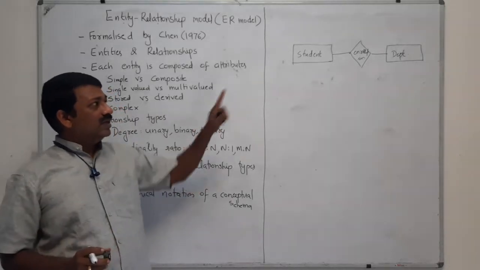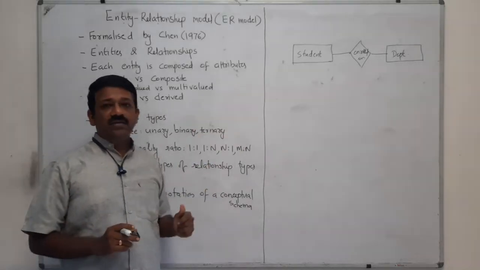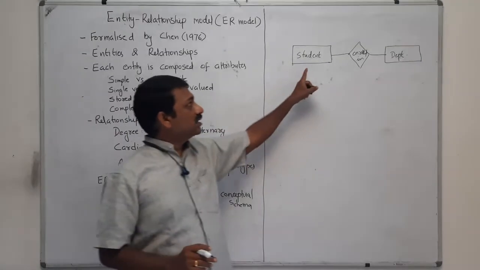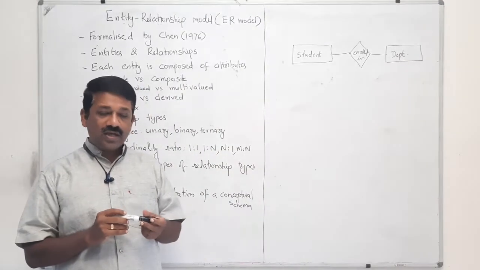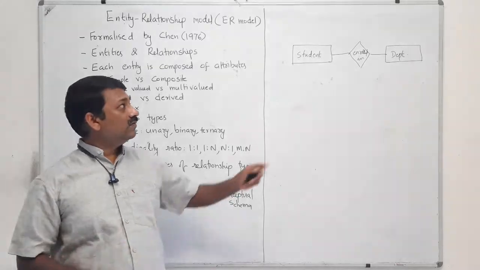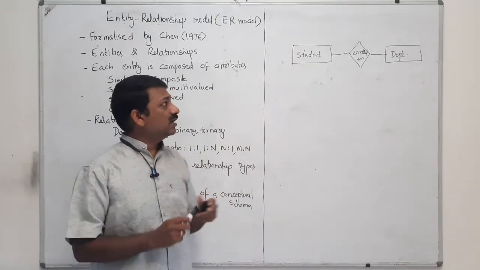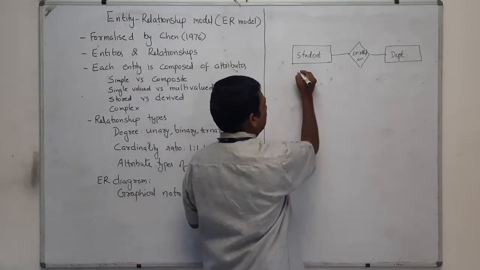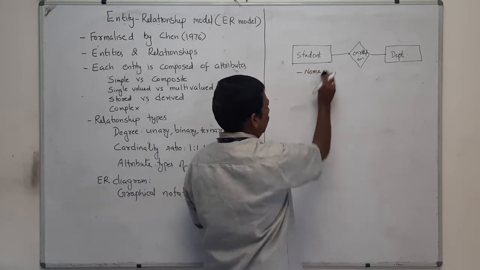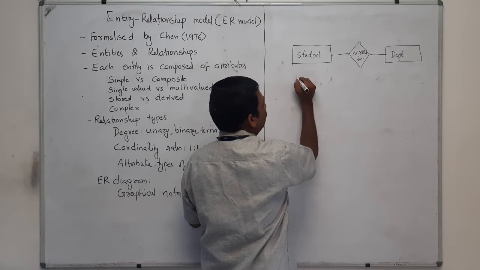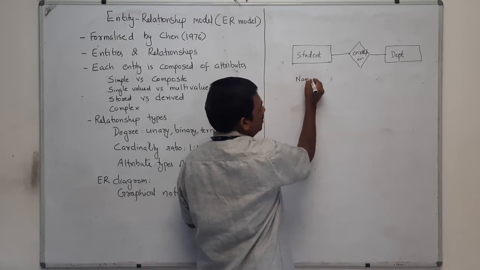Now, that is about entities and relationships. For an entity, take student for example. A student has a number of attributes, or a number of properties associated with the student. For example, name is an attribute of student.